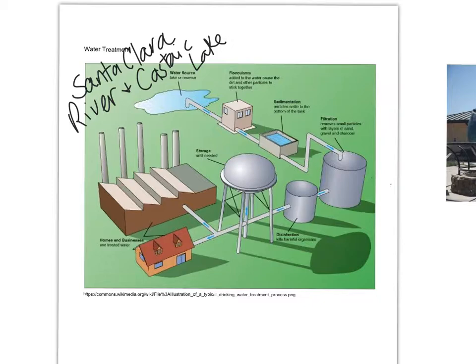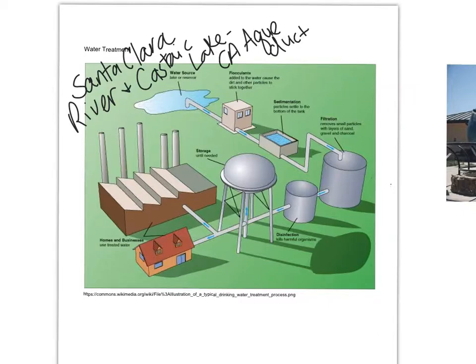And Castaic Lake is actually part of the California aqueduct system, the State Water Project. The aqueduct brings down water from about Lake Tahoe down through central California and into Castaic Lake and other lakes as well. So that's our water sources.